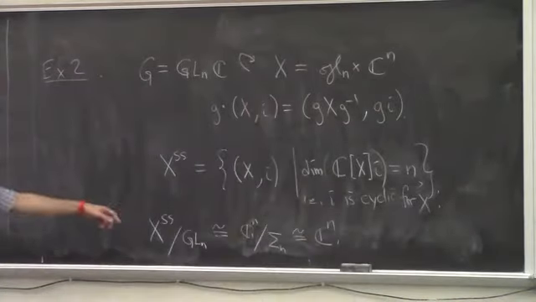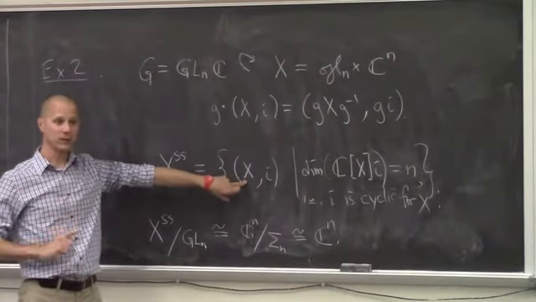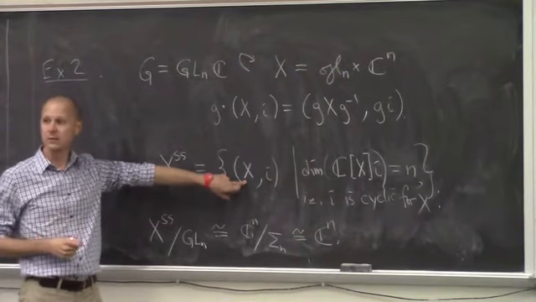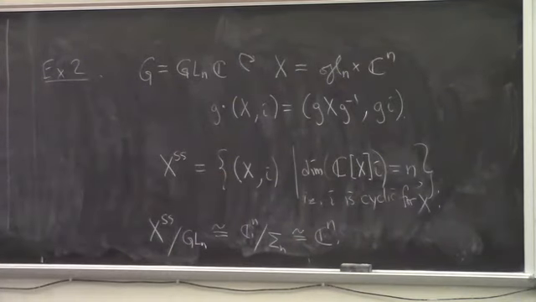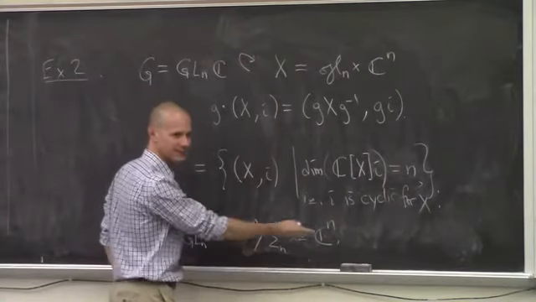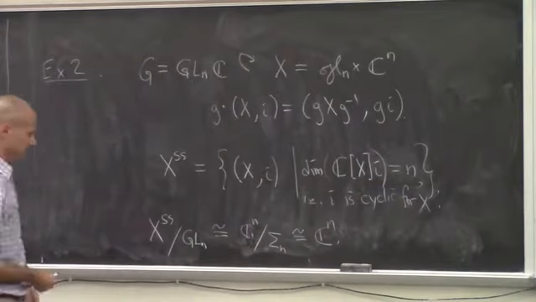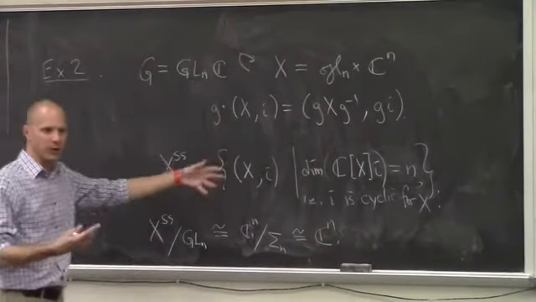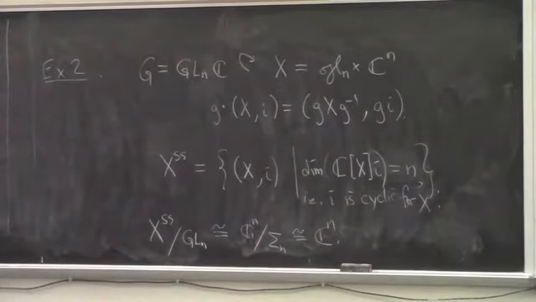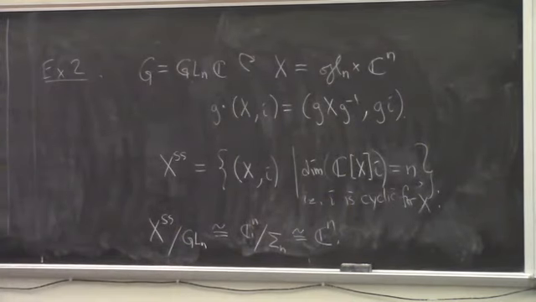The relationship is, I take a pair like this, and I just remember the unordered list of eigenvalues of the matrix X. So that's my identification with this set, and then of course such unordered n-tuples are given by coefficients of the characteristic polynomial of that matrix. And so I get an identification with Cn again.